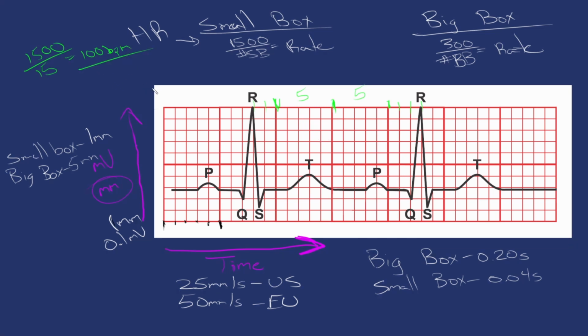Now if we want to do the same thing for our atrial rate, at this point we'd use the beginning of the P wave, and we would count it out just the same.